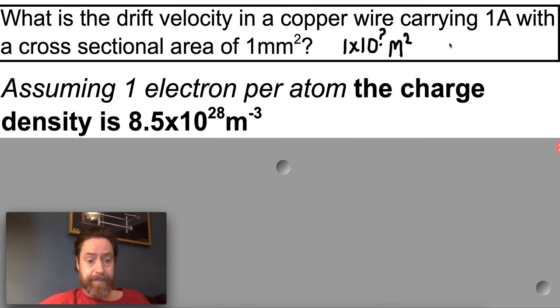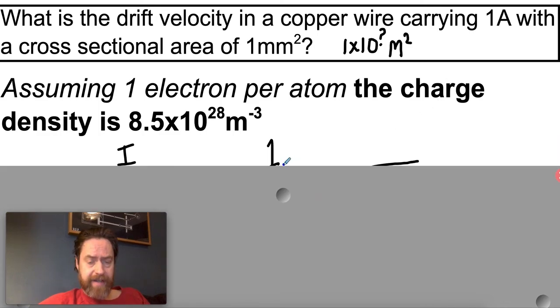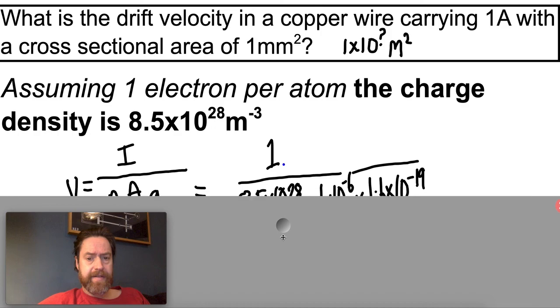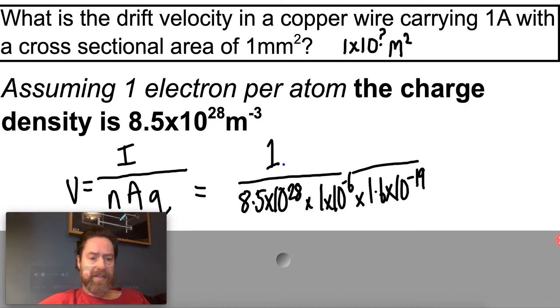Okay, let's see how you got on with that. So I've got some rough working out here. Rearrange it. Okay, so the drift velocity is the current divided by nAq. That's going to be 1 amp divided by 8.5 times 10 to the 28 times 1 times 10 to the minus 6, that's the cross-sectional area, times 1.6 times 10 to the minus 19 coulombs.